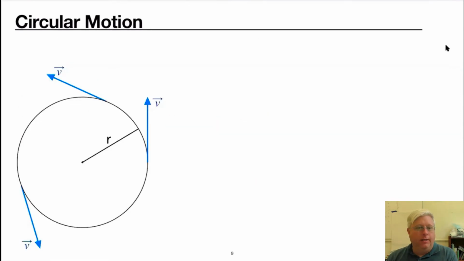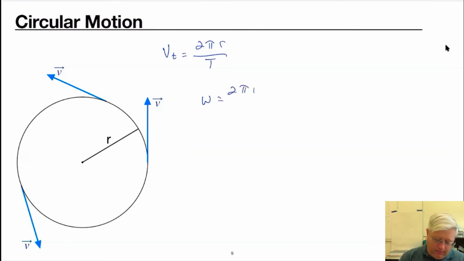So we had tangential velocity. Every point on the circle was a tangent, and it was 2 pi times the radius over the period. And so we could also write this in terms of angular speed, right? Because we know that angular speed is 2 pi radians over period.